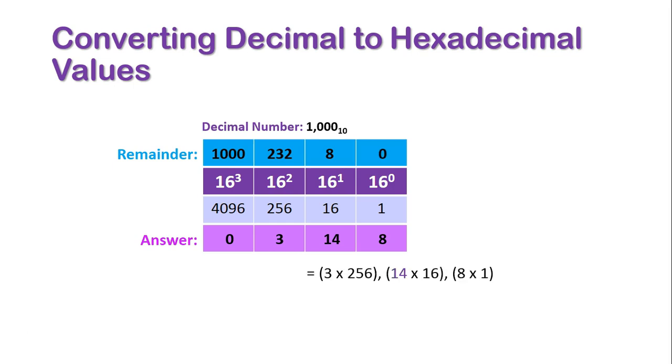So once again, we've got to put our brackets together, but we need to make sure that we realize that 14, it being a double-digit number, has a hexadecimal value of E. So the numbers we're walking away with are 3, E, and 8, and our answer is 3E8 base 16.